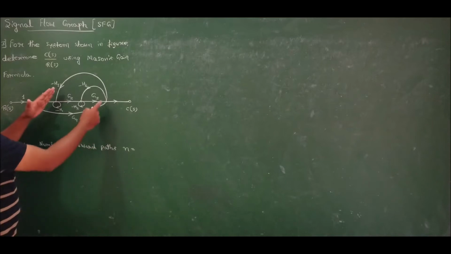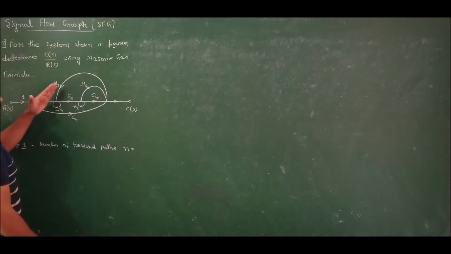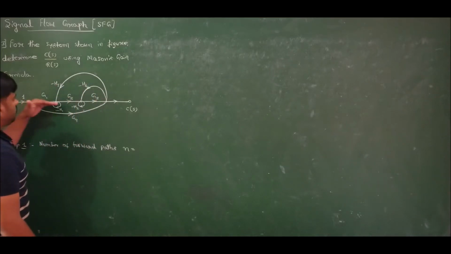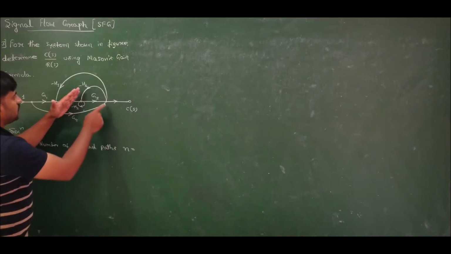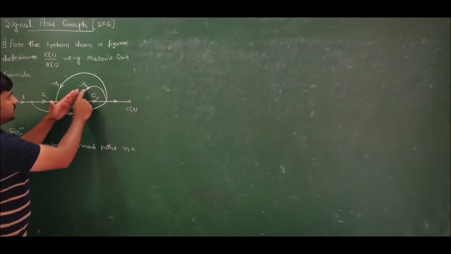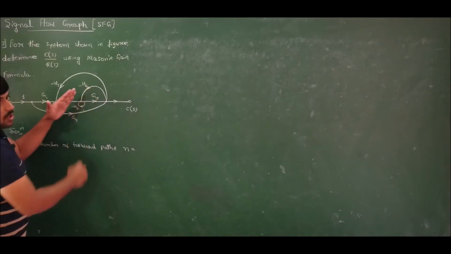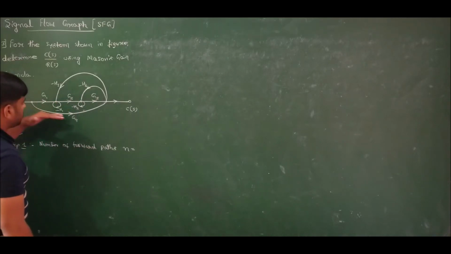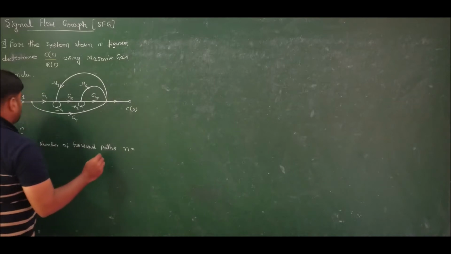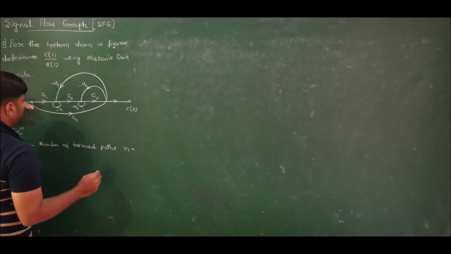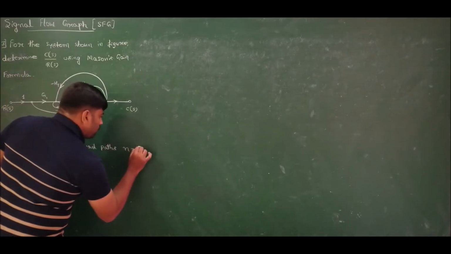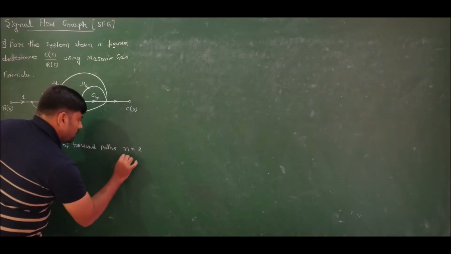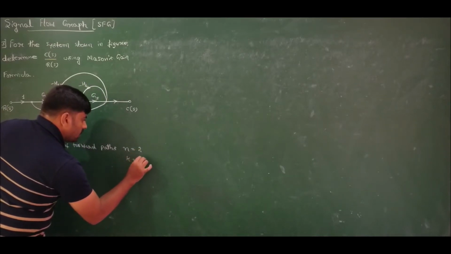This is a feedback minus h3, so I can't go like this. Here also, this is a feedback which is minus h4 and the direction is opposite to the forward path. So the only possibility is to go like this with g4. So totally we have one straight path and one path with g4. So the total number of paths n is 2. Hence the value of k is 1, 2.